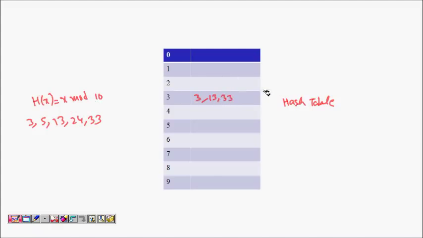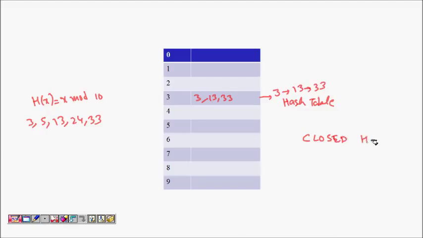If we used open hashing, we would make a linked list here: 3, 13 and 33. But we saw that it required an extra data structure, the linked list, so we did not prefer that. So now we have closed hashing.